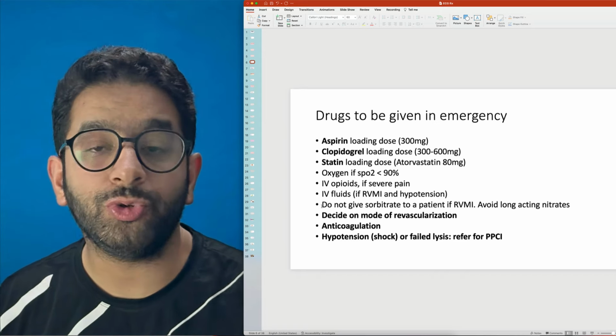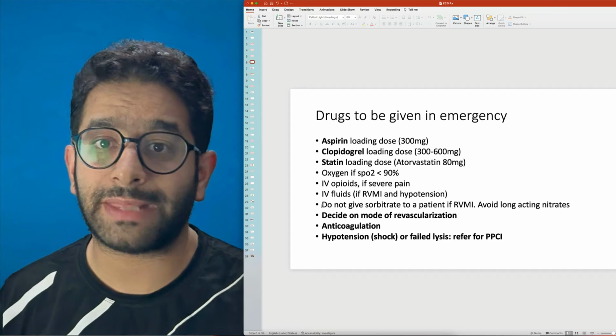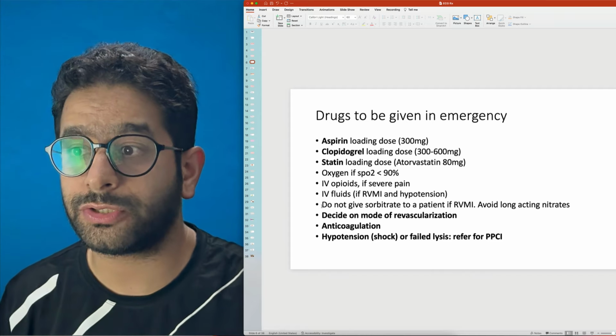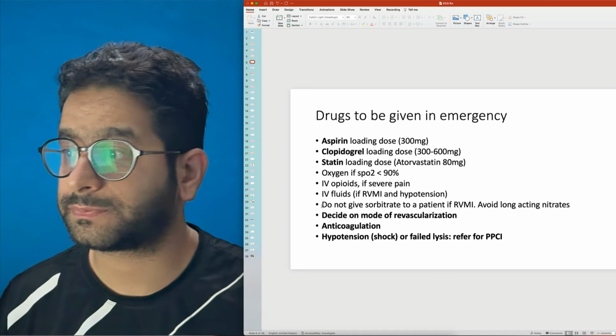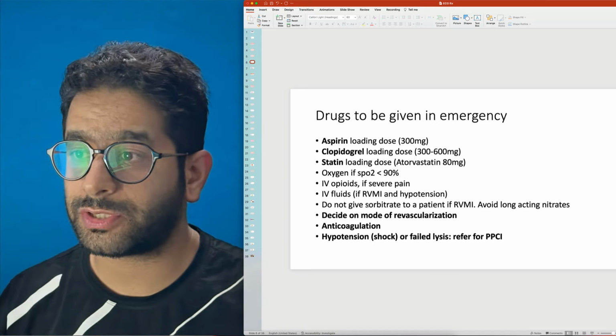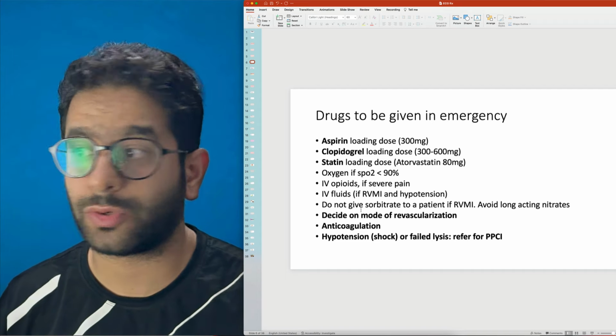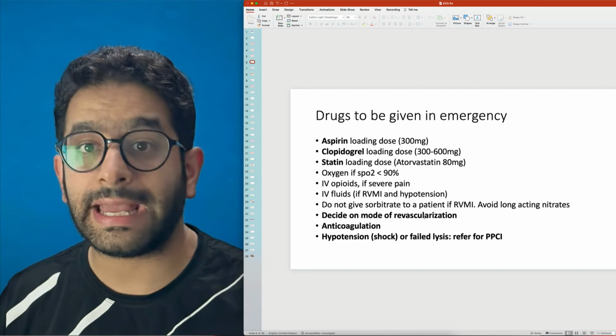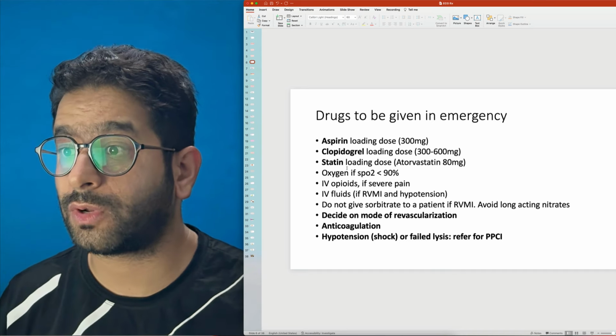Then please do not give that tablet sorbitrate, that's a long-acting nitrate, to patients with MI. If at all you need to give a nitrate, it has to be nitroglycerin, not the usual tablet that patients of coronary artery disease usually take, the sorbitrate. Don't give that.